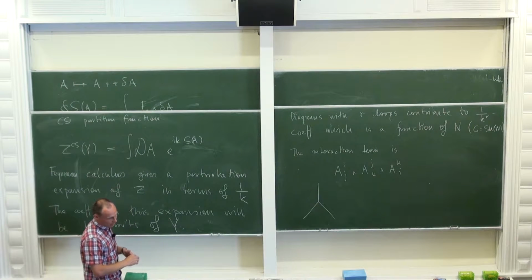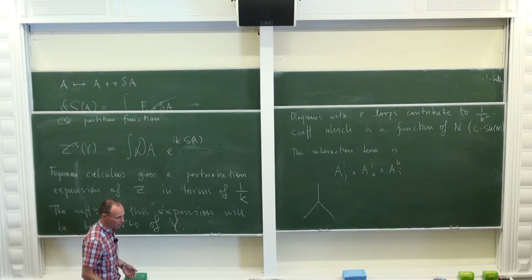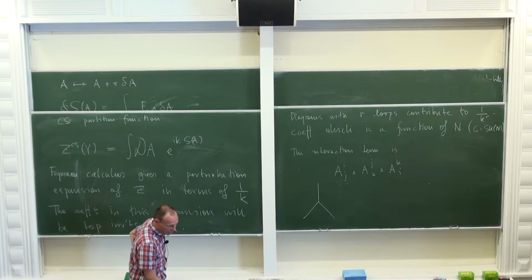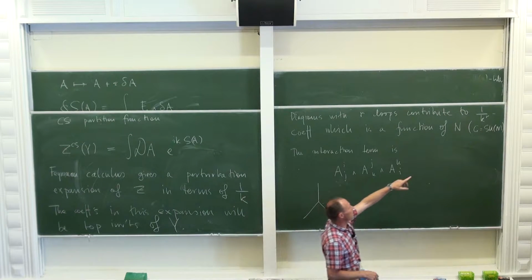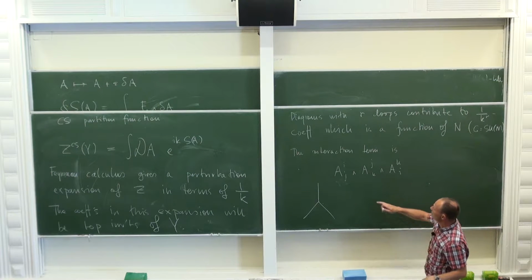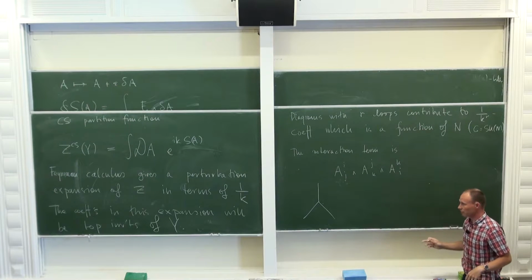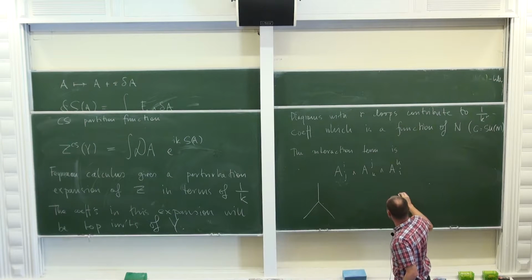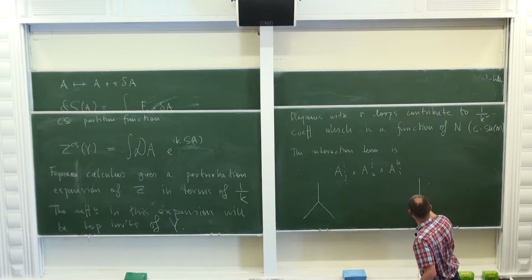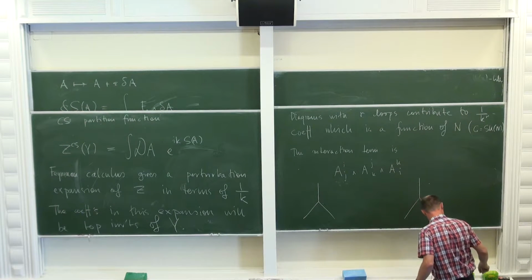But we can try to count how many such diagrams there are. A convenient way to do that, remember, since we're working in SU(n), there are n gauge indices, the n by n indices. So what one can do is take this graph and fatten it up.